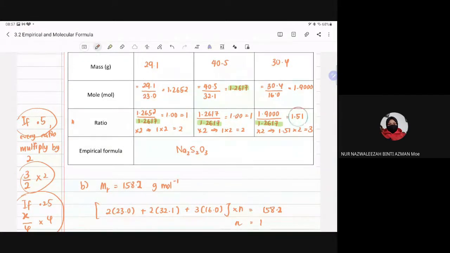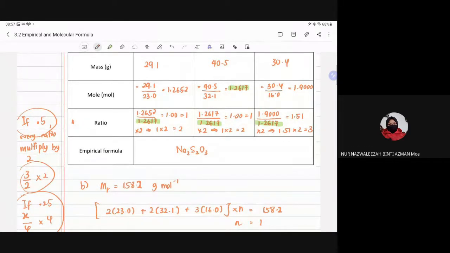So now kita dah 0.51. Kenapa 0.5 kita kena darab 2? Sebab kalau kamu cuba tekan dekat kalkulator, kamu tekan 1.5. Dia akan keluar dalam bentuk pecahan. Nampak tak pecahan tu? 3/2. Okay, kamu tengok dekat screen tu nampak saya punya kamera tu.